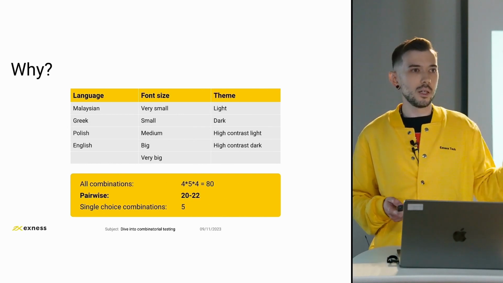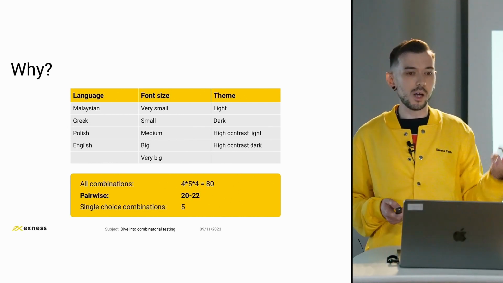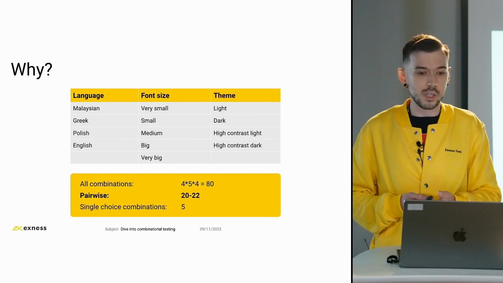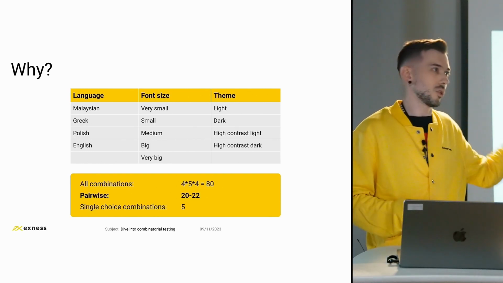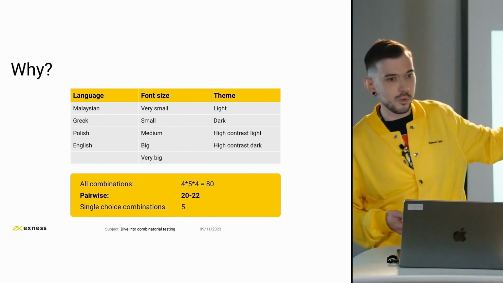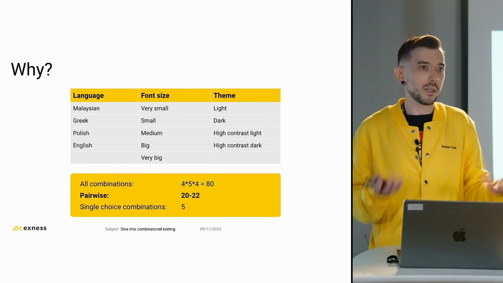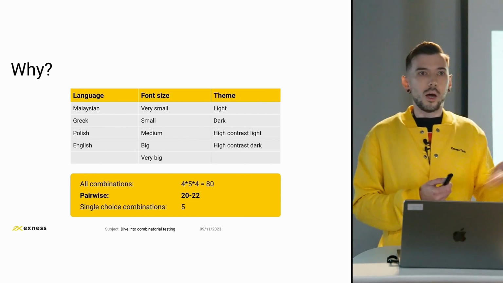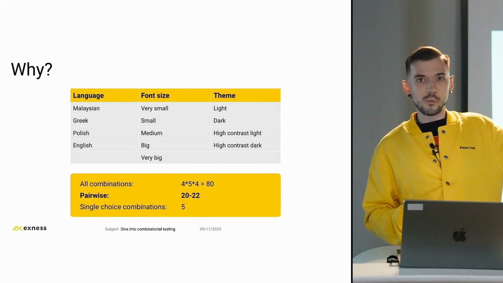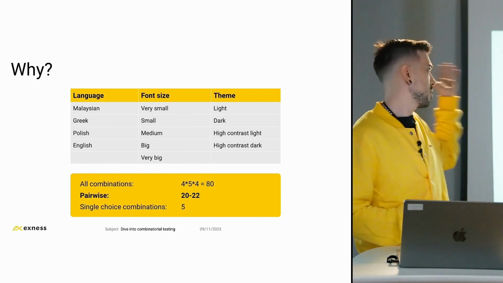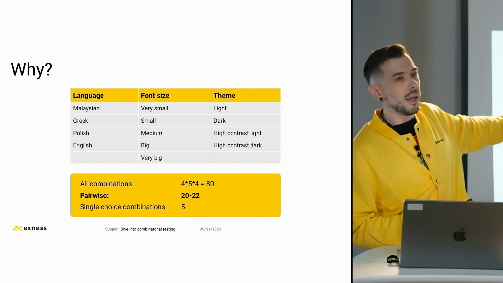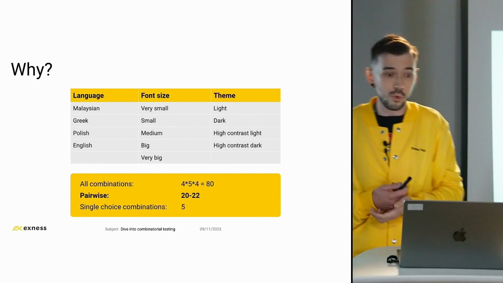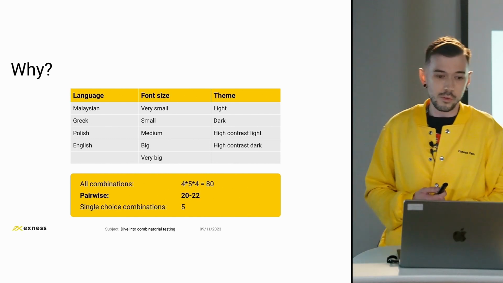Well, the easiest way is just to take everything just once, and thus we will get to 5 test cases. And probably not enough, obviously, because for some languages with small sizes, their symbols can be not readable. At the same time, combining all of them together, we will end up with 80 test cases that may be too huge and will take too much time to do regressions often enough.